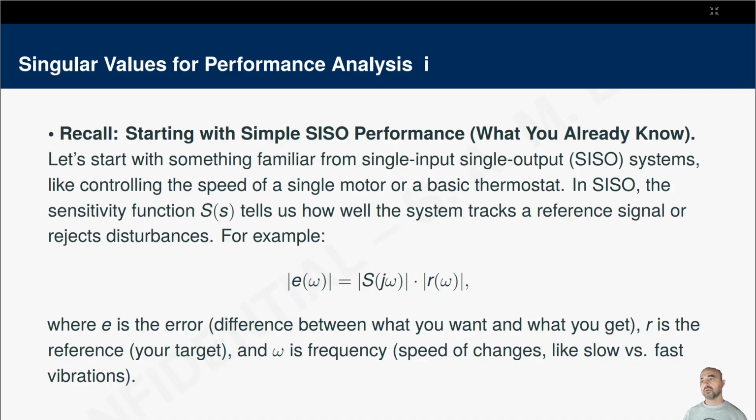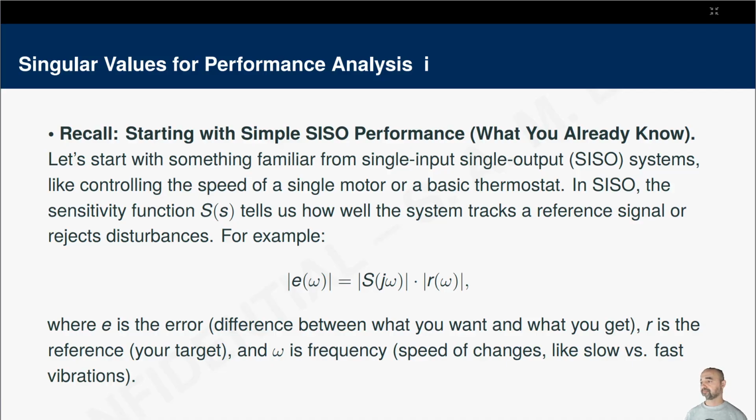In SISO, the sensitivity function tells us how well the system tracks a reference signal. So you turn the knob, which is your reference, and then S tells us how well the system tracks the reference signal or rejects disturbances.